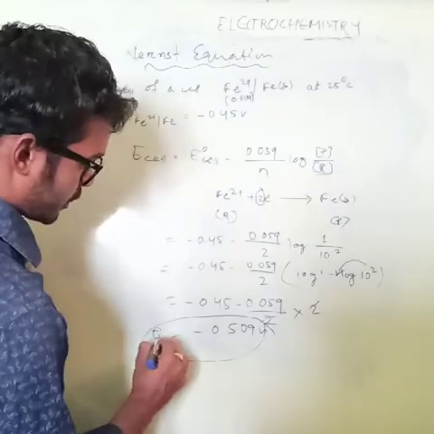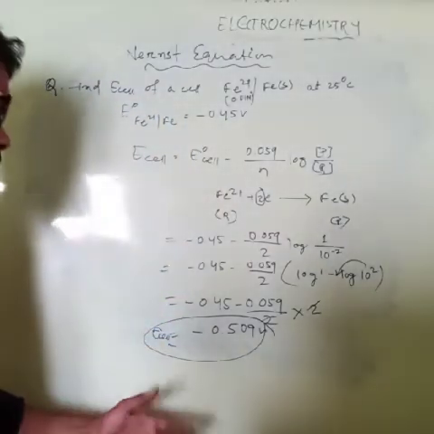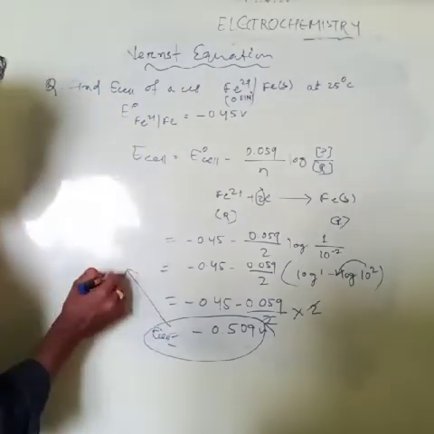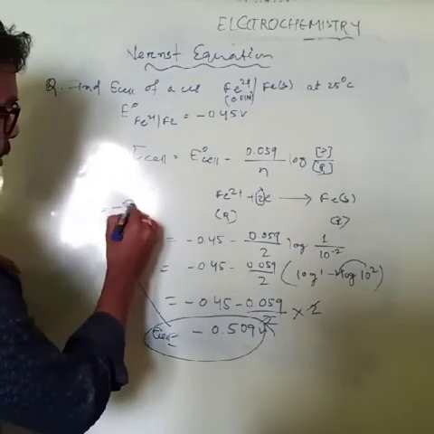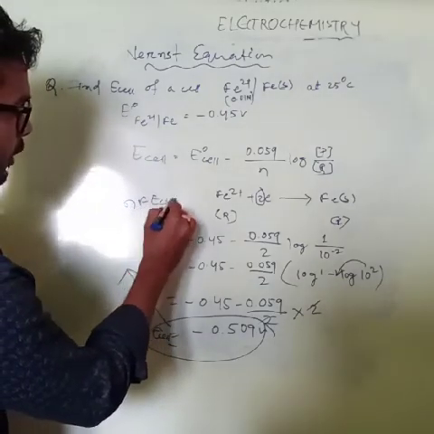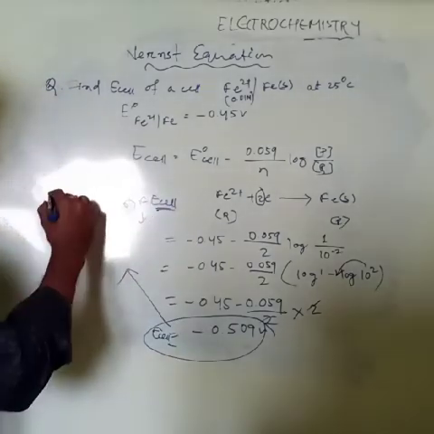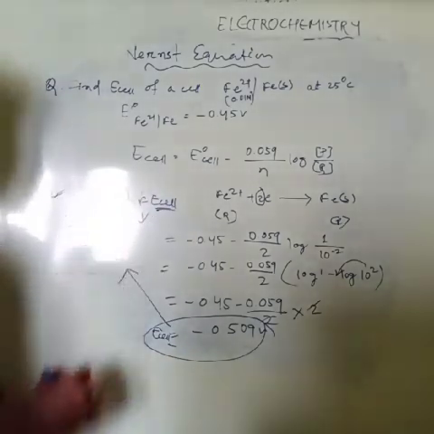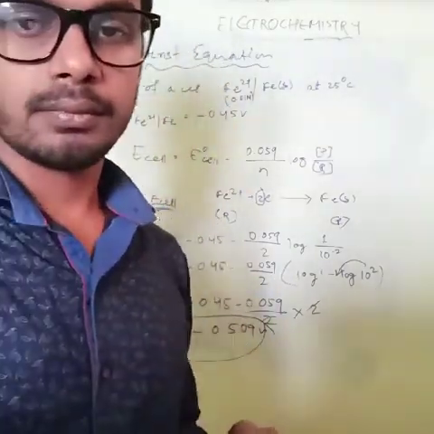This is the value of E cell. This is how you need to solve. If you know E cell, now you can easily calculate del G also, because del G is minus nF E cell. You know the value of E cell, and you know F. Calculate it and comment to me what will be the answer. Okay, thank you.